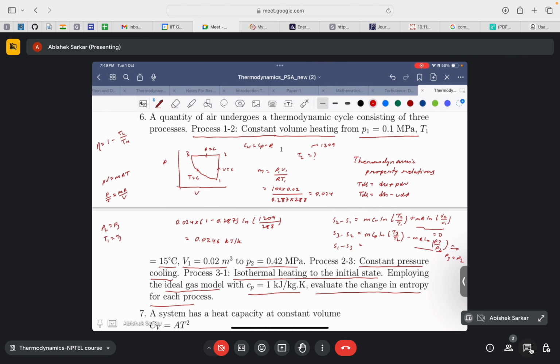So S3 minus S2 would be 0.024 into Cp is 1 into ln T3 is 288, T2 is 1209. So can you tell the answer?